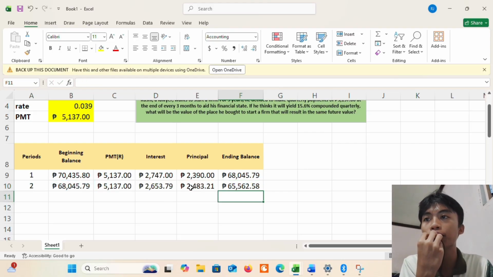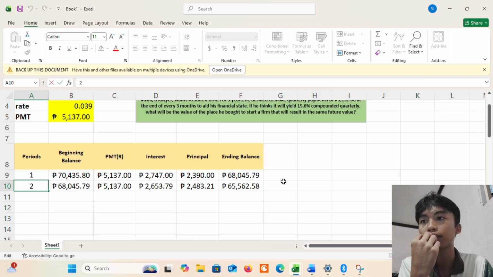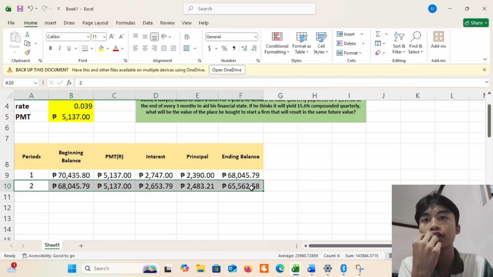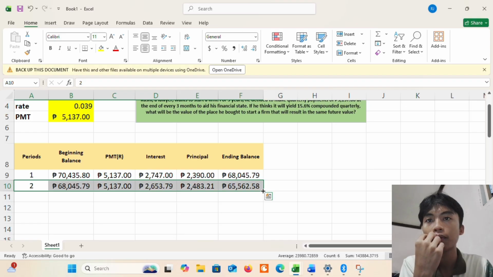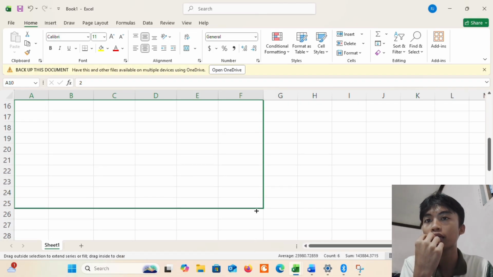So to complete the table, let's highlight the second row in our amortization schedule. Then after, drag down. Since we have 20 periods, let's drag it until 20.